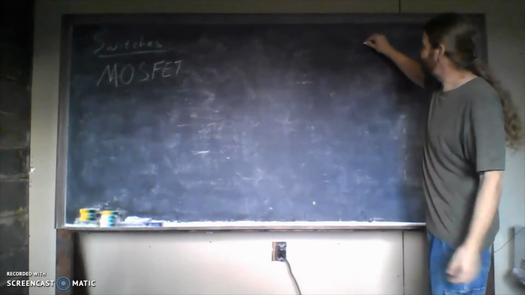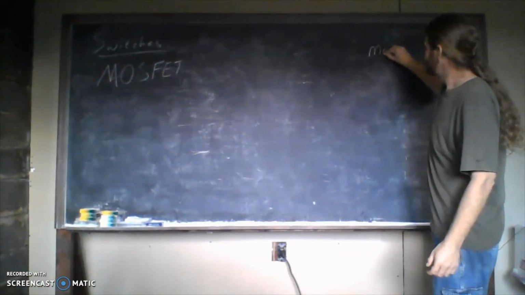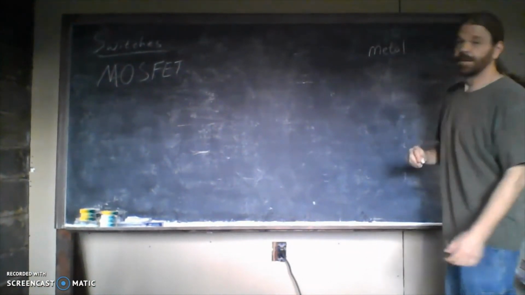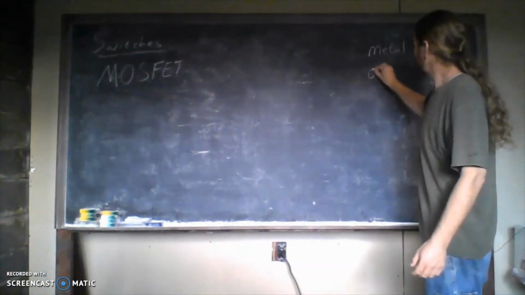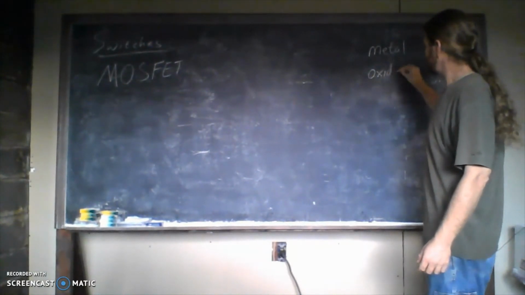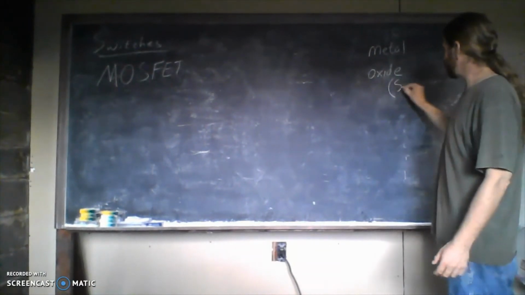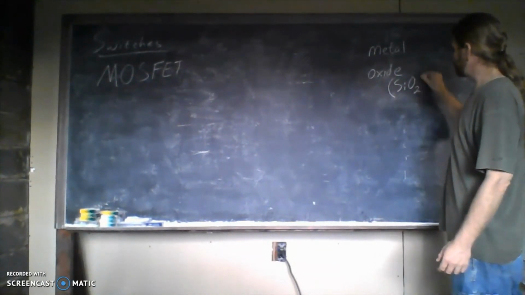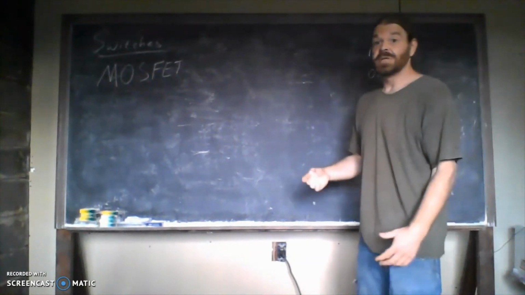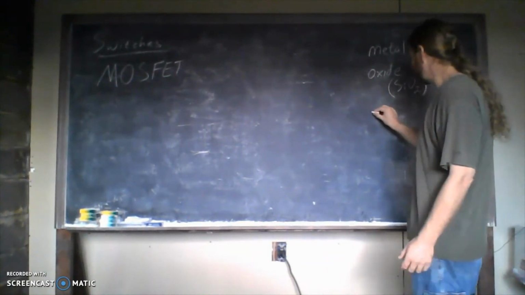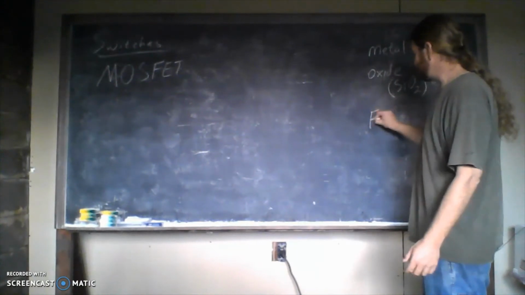I'll write those words over here. Metal, oxide, and while I'm putting labels here, I might as well go ahead and write SiO2, in particular silicon dioxide. Then field effect transistor.